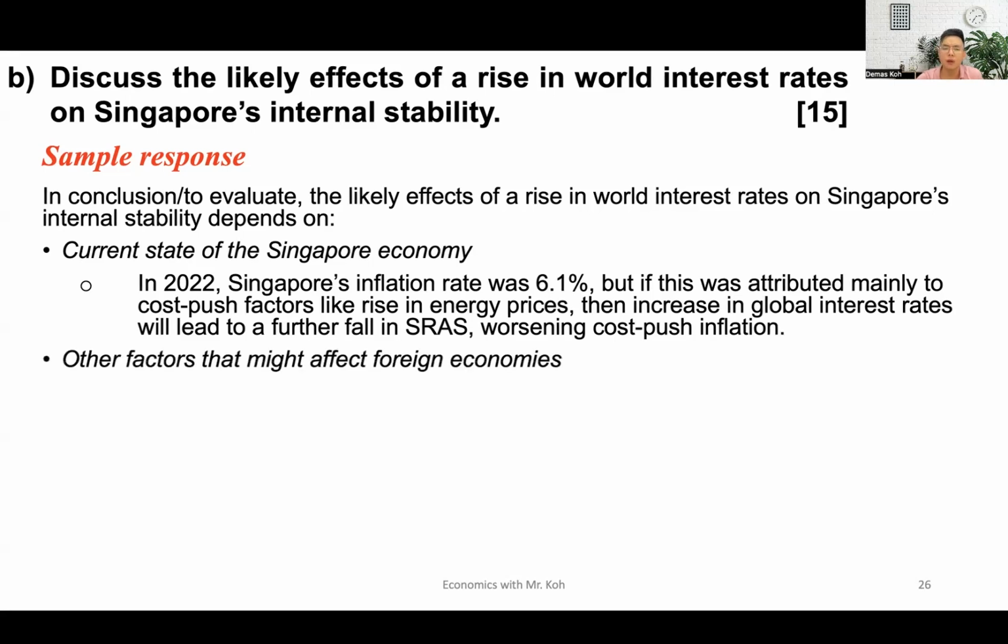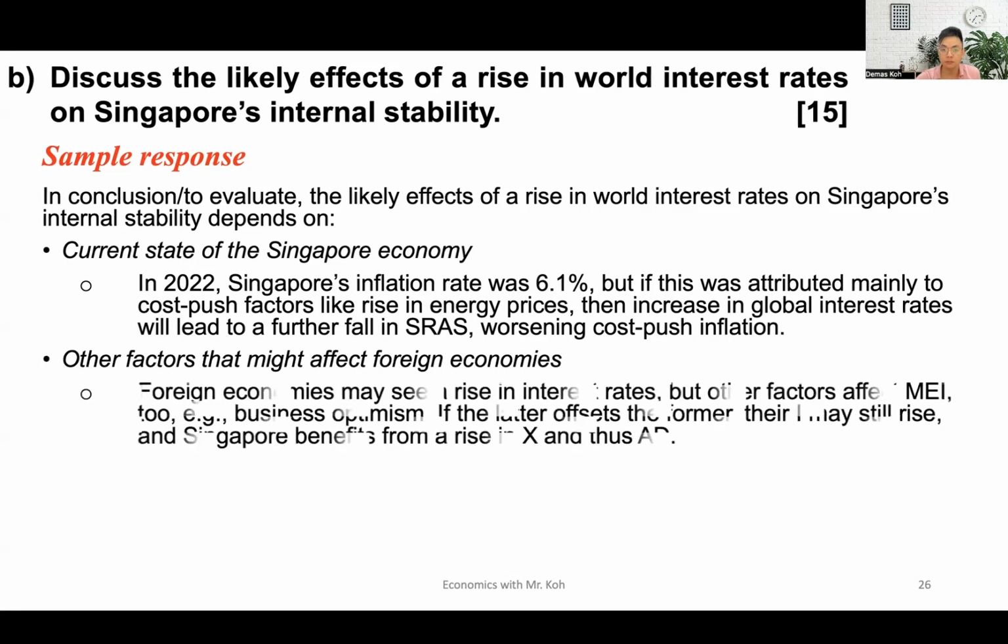It also depends on other factors that might affect foreign economies, right? So they might very well see a rise in interest rates, but other factors would also affect the marginal efficiency of investment, such as business optimism.